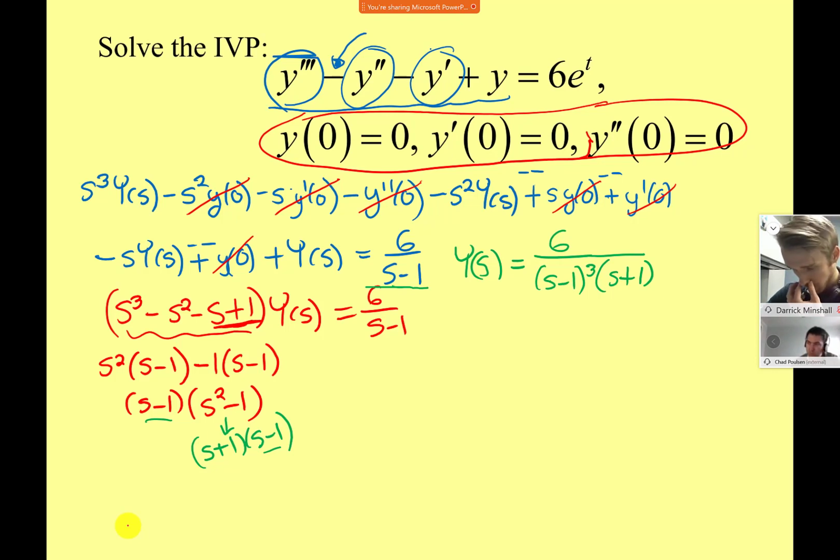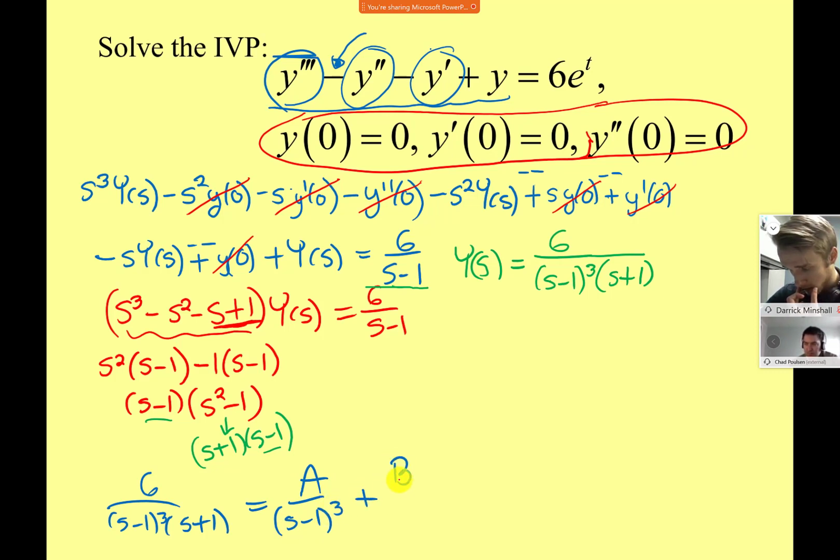So if I was setting this up, I'd have 6 over s minus 1 cubed and s plus 1. Well, there could have been a fraction with an s minus 1 cubed on it, but there also could have been a fraction with an s minus 1 squared on it, because if you ask me for the common denominator between those two I just wrote down, it's s minus 1 cubed.